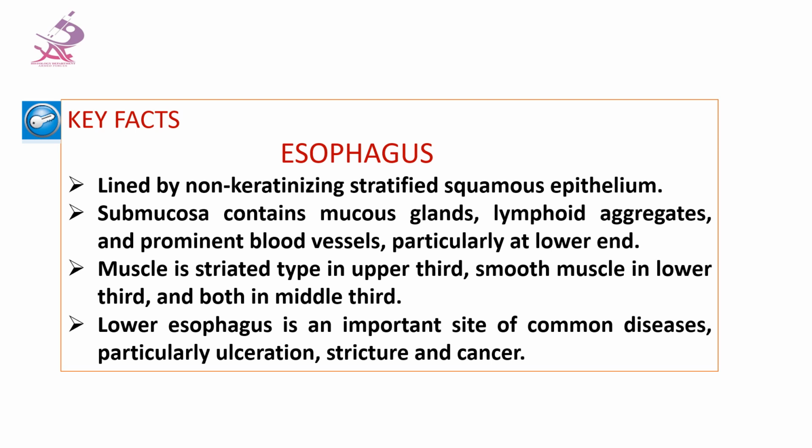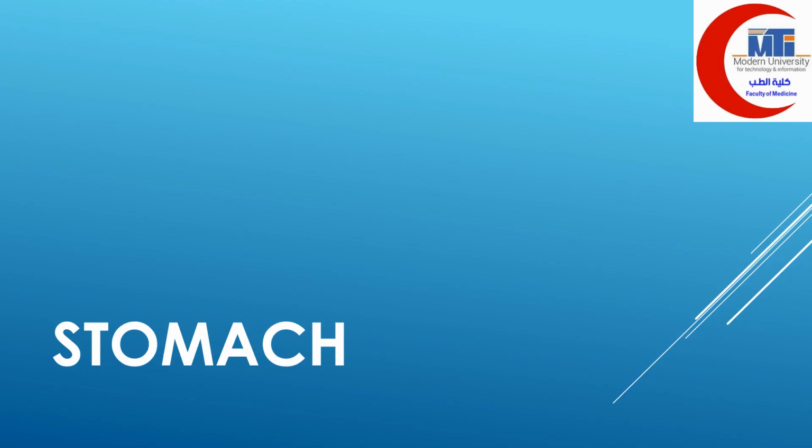Lower esophagus is an important common site of disease, particularly ulceration, stricture, and cancer, which is due to GERD, which is gastroesophageal reflux disease due to an incompetent lower esophageal sphincter.